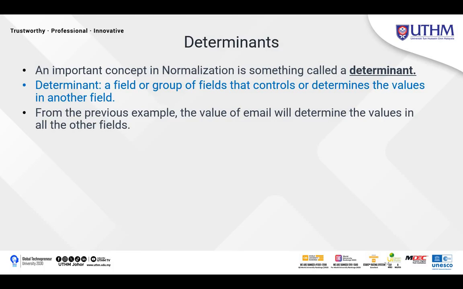From the IC number alone, we're able to identify our address, contact number, email address, our parents' details, our education, and whatever details are related. So here, the IC number acts as a determinant to determine the other groups of fields.